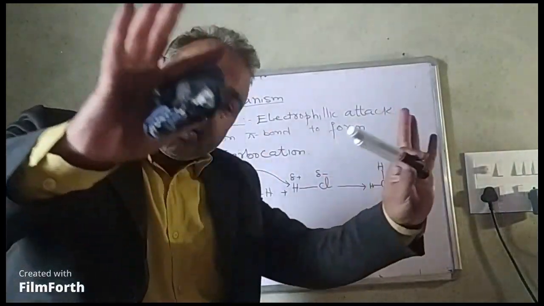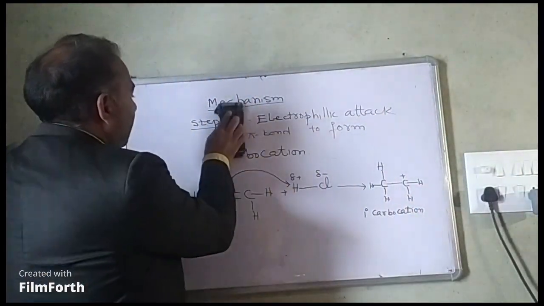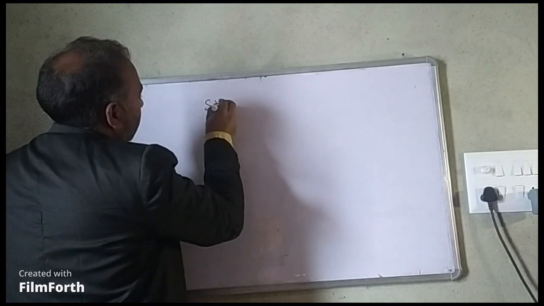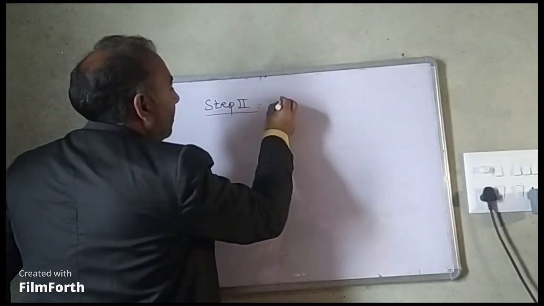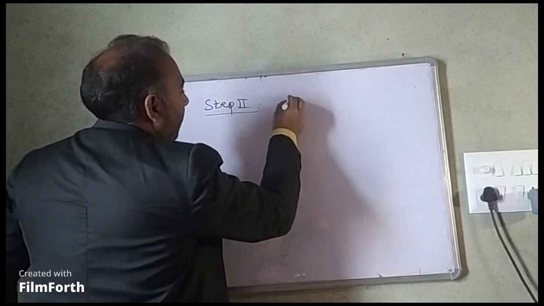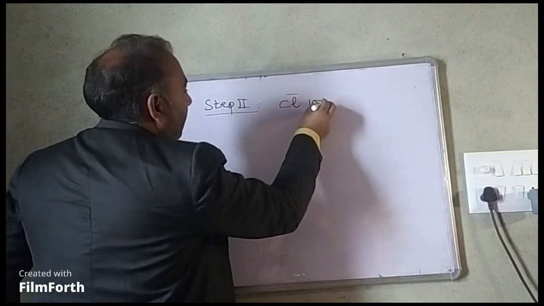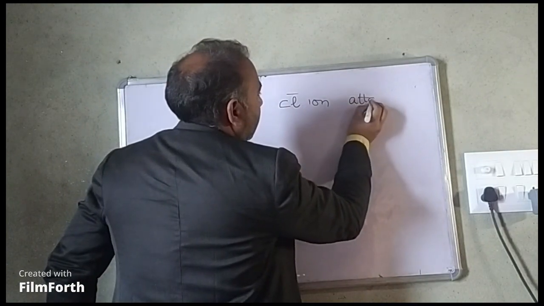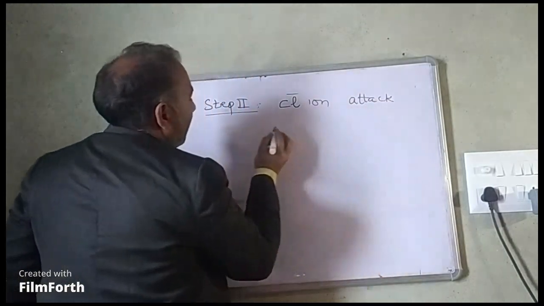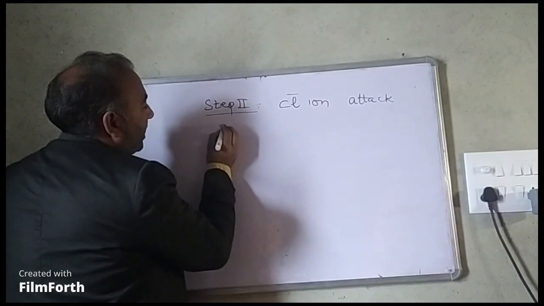Now we will write step second. Step second. Cl negative ion attacks the positively charged carbon.